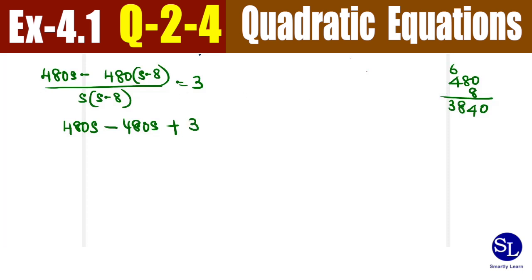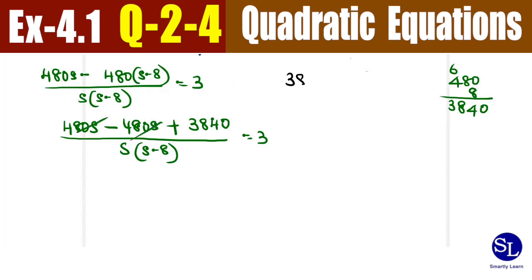So this is going to be 3840 divided by s into s minus 8 is equal to 3. So plus 480s and minus 480s will vanish. The equation will be 3840 divided by s into s minus 8 is equal to 3.